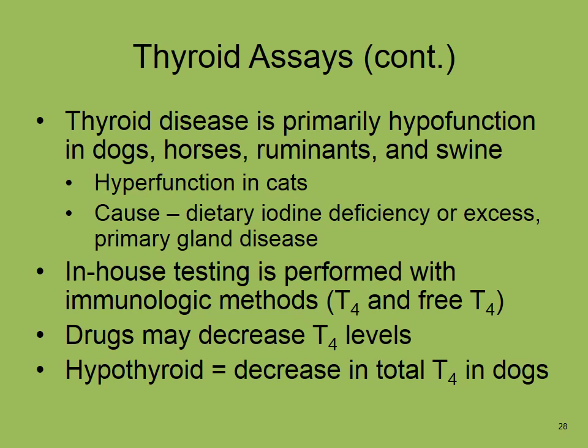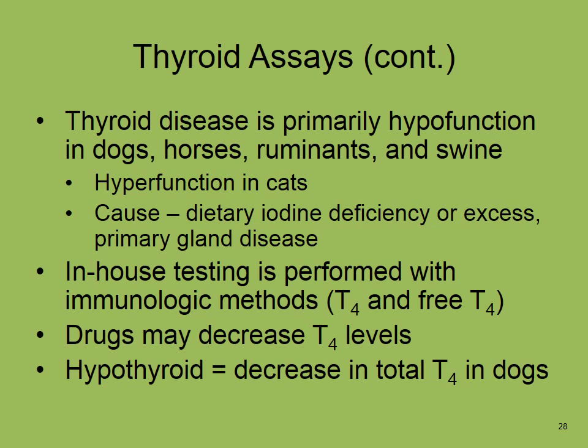What causes these conditions? Well, dietary iodine is a huge factor in the production of thyroid hormone. So increased or decreased intake of dietary iodine can actually cause these conditions. Primary gland disease can do it as well, so it could be a congenital thing or something that's just developed within the gland itself.